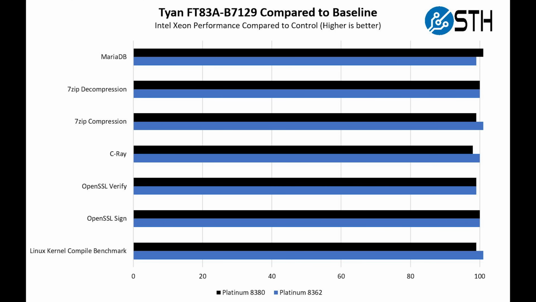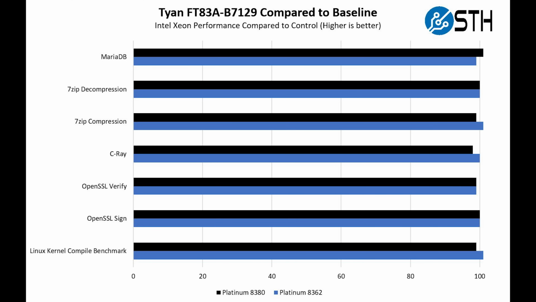And there are actually two aspects, because especially in the old days, there were quite a few systems that couldn't handle the top bin CPUs along with the accelerators. So we wanted to test both the CPUs and the GPUs. Now, this system claims that it can take up to 270 watt processors. So we took the Platinum 8380s, the 40 core high-end CPUs that Intel has, and put them in there.